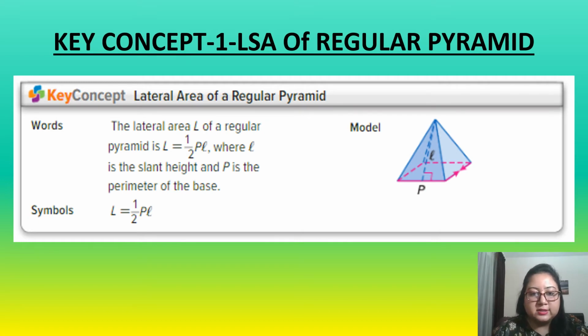The formula is the lateral area, or the lateral surface area, capital L, is given by the formula 1/2 P times l, where P is the perimeter of the base and l is the slant height. So all these terms now I'm sure you are clear, because we have done them in great detail in this lesson and even in the previous lesson. So let's see how we can apply this formula to compute the lateral surface area of a given regular pyramid.